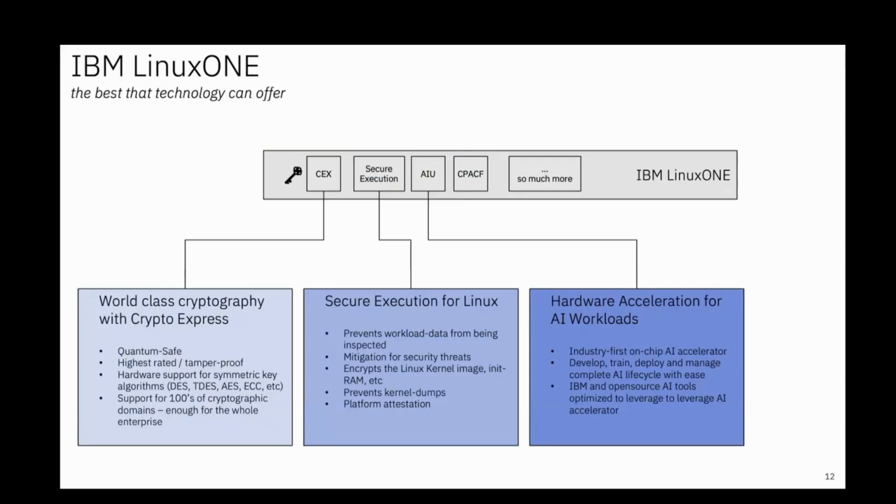But what we'll be concentrating on from the HyperProtect perspective is using the CryptoExpress cards to provide world-class cryptographic encryption capabilities for the enterprise as a whole, and leveraging the secure execution for Linux to prevent workload data from being inspected, mitigation of security threats, etc. And then we can also leverage the AIU to accelerate our AI workloads on the LinuxONE platform.